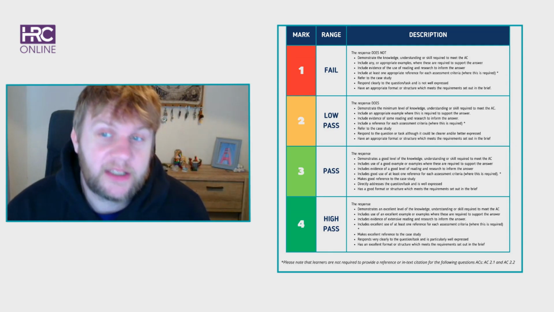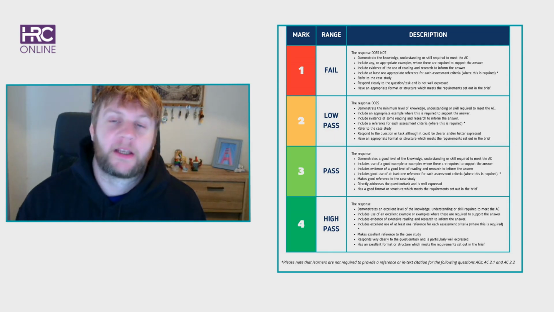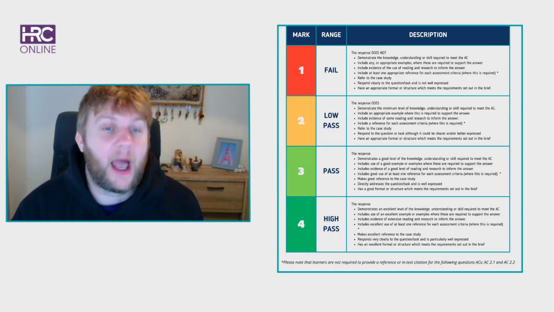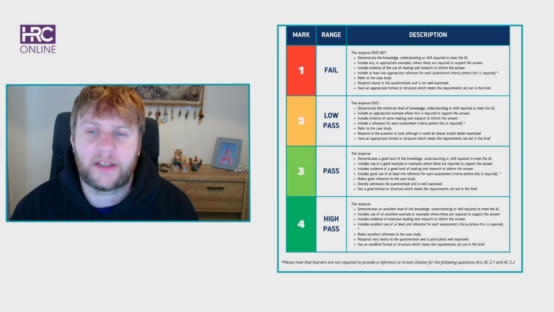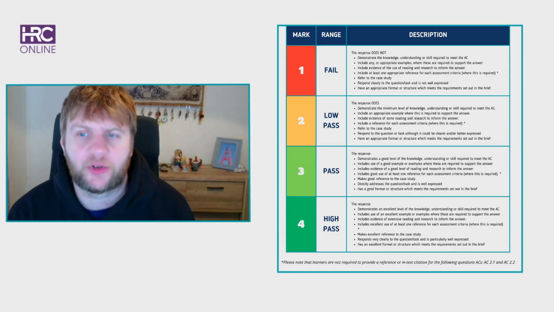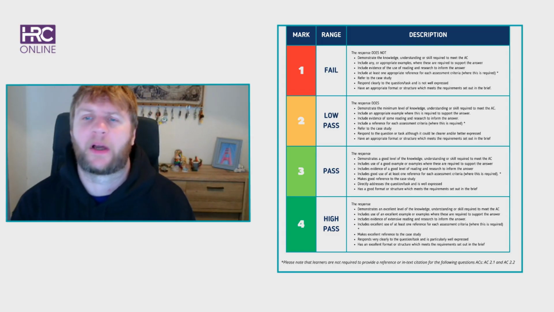On the 7 questions, this is currently the marking guidance as per CIPD. By all means, have a pause, have a read, but I'm going to focus on 1s and I'm going to focus on 3. So 3 demonstrates a good level of understanding and skill required to meet the AC.